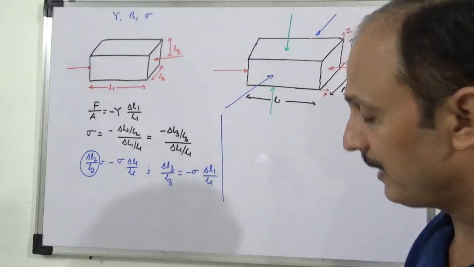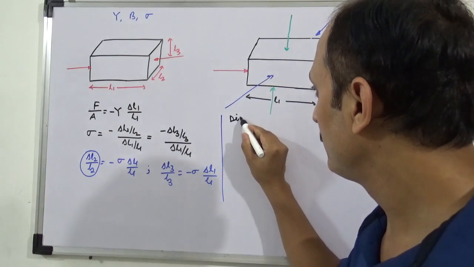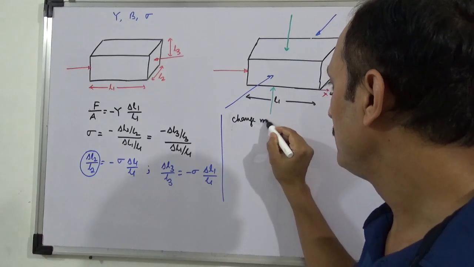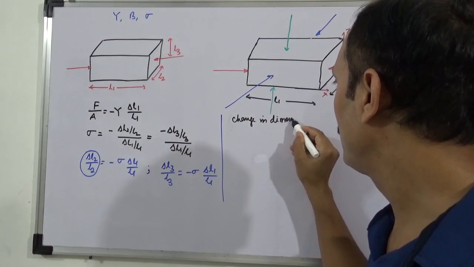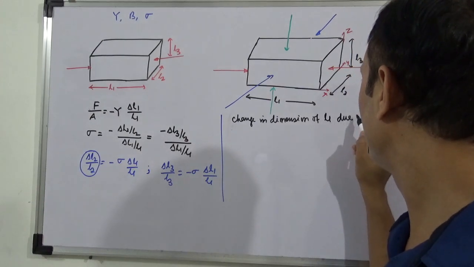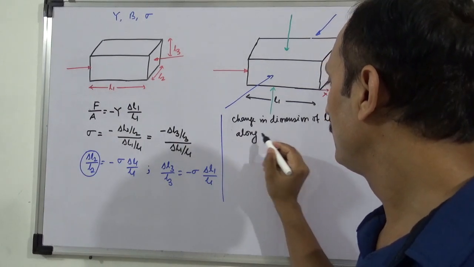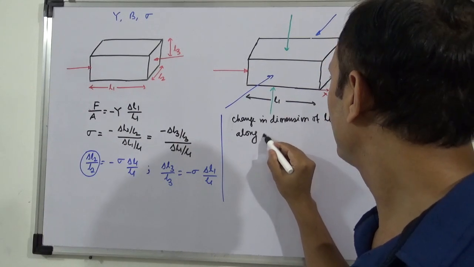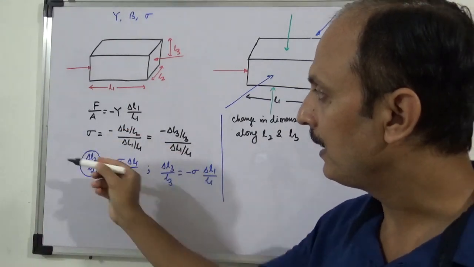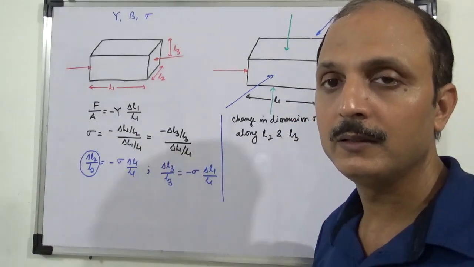So if I just write it here, the change in dimension of L1 due to force along L2 and L3. Here this is the change in dimension of L2 and L3 due to force along L1.